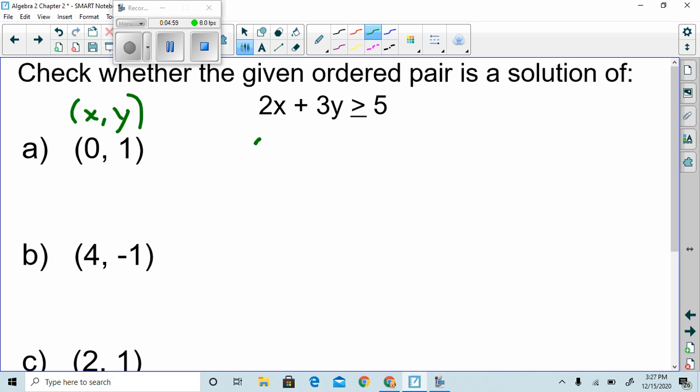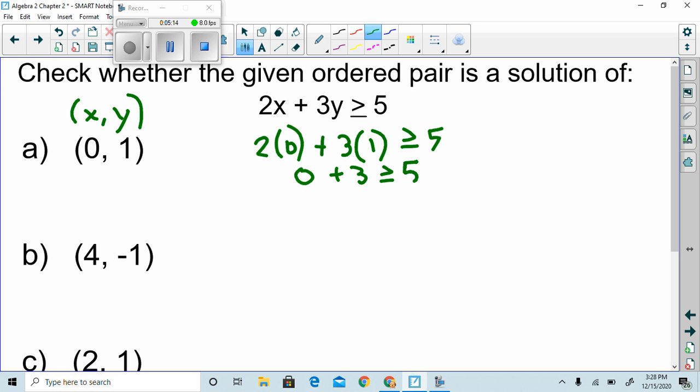I have 2 times 0 plus 3 times 1, is that greater than or equal to 5? Well, 0 plus 3 is 3, and 3 is not greater than or equal to 5, so this is a false statement. So this is not a solution.